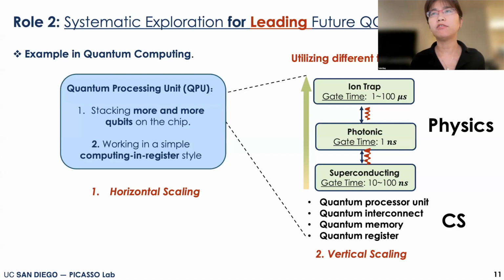On the other side, photonics is usually a key enabler when we want to combine different kinds of quantum technologies together, and it can also work as a quantum interconnect. And I envision this kind of vertical scaling as a better way for us to build even one QPU.